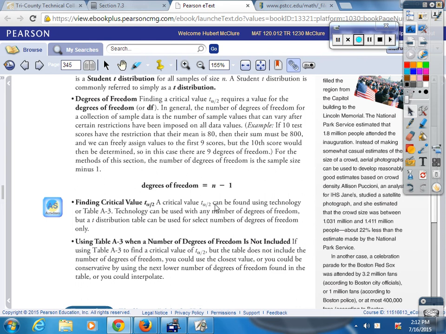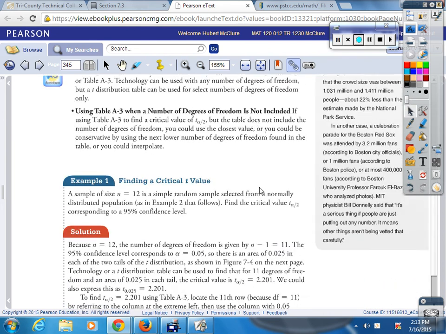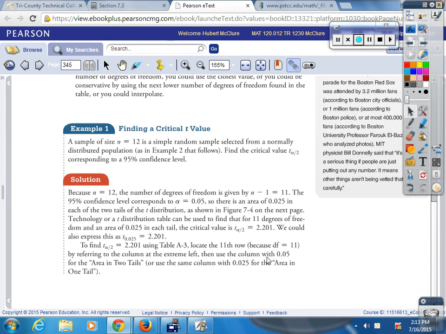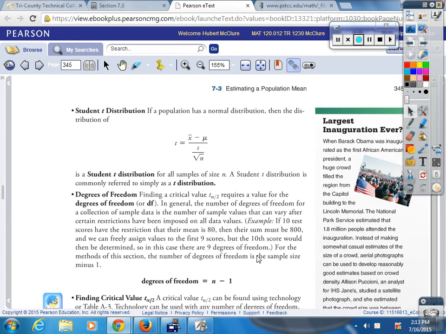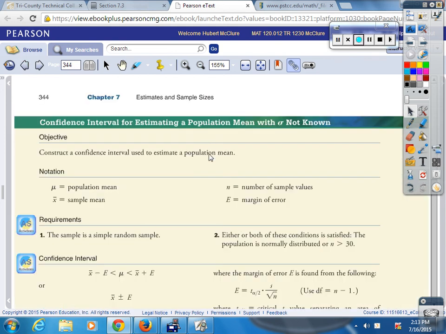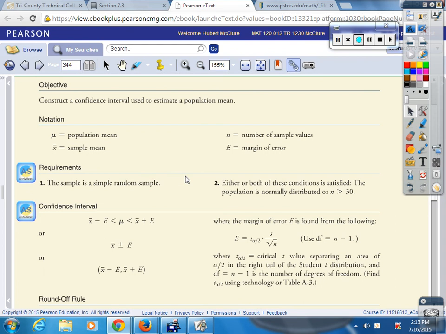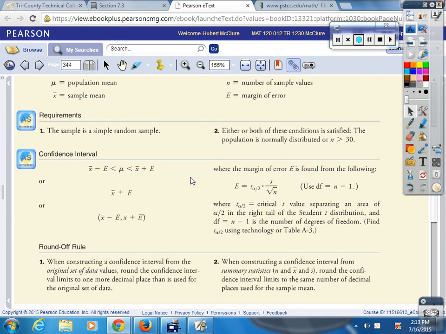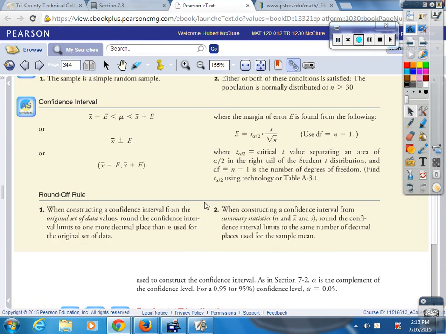T, T. So you use the z-table and the other. I'm trying to figure out why they're using the z-table.